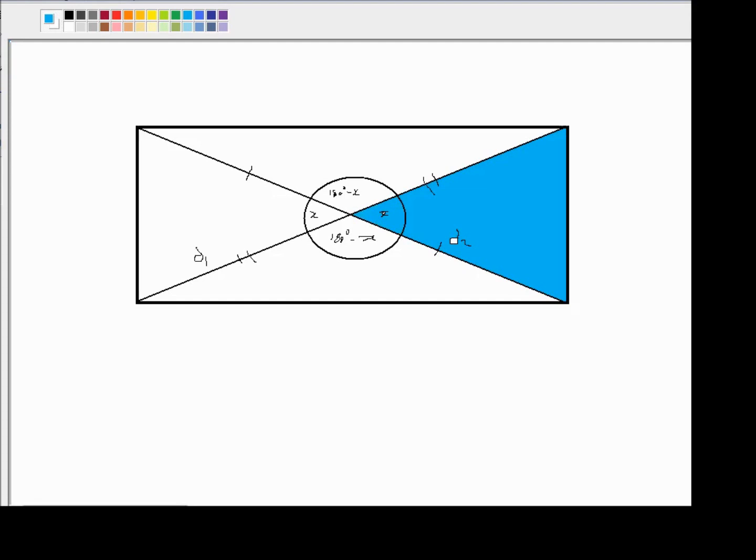Well, we know that this length here is a half of D1, so I'm going to call this length A, and I'm going to call this length B. I'm defining A is equal to D1 over 2, it's half the diagonal, and B is equal to D2 over 2.